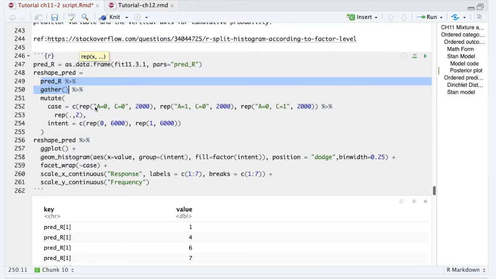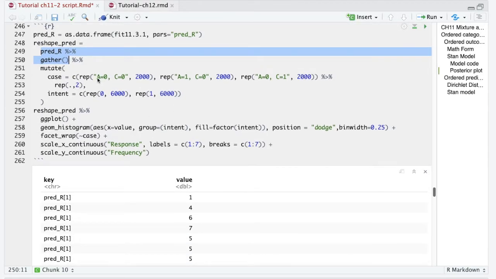So for prediction, scenario 1, A is equal to 0, C equal to 0, there are 2,000 rows. And for scenario 2, A1, C0, again 2,000 rows. Prediction third scenario, A0, C1, and 2,000 rows. And then for scenarios 4, 5, 6, we can just repeat these 6,000 rows again.